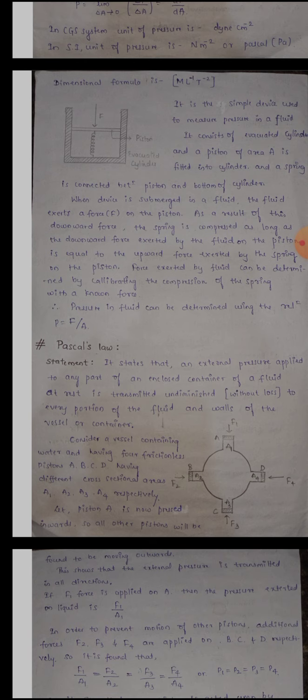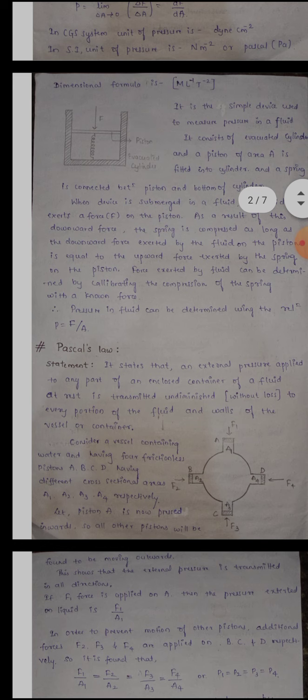Because of this restoring force, the force exerted by the spring in the opposite direction, using this known value we get to know how much force or pressure is applied by the fluid on the piston.